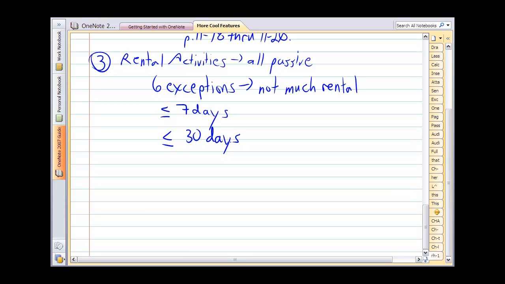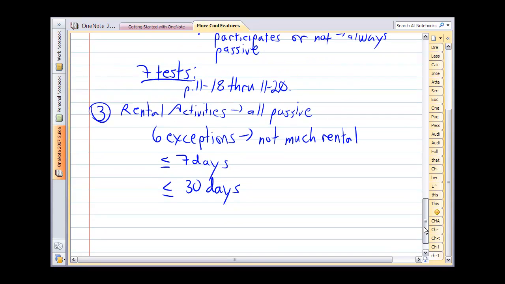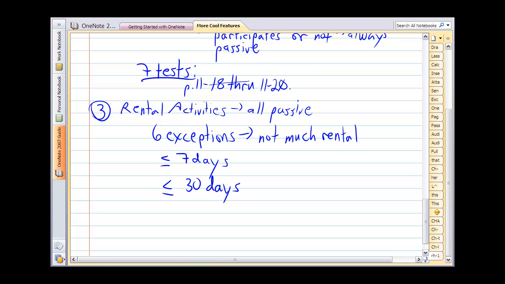Oh, you know what? Oh my lord. All right, so I essentially screwed up my page numbers here. These 7 tests up here, I'm sorry, I'm a little out of it. Those first 7 tests are on pages 11-14 through 11-16. You probably already discovered this. You're probably like, yeah, we can read.